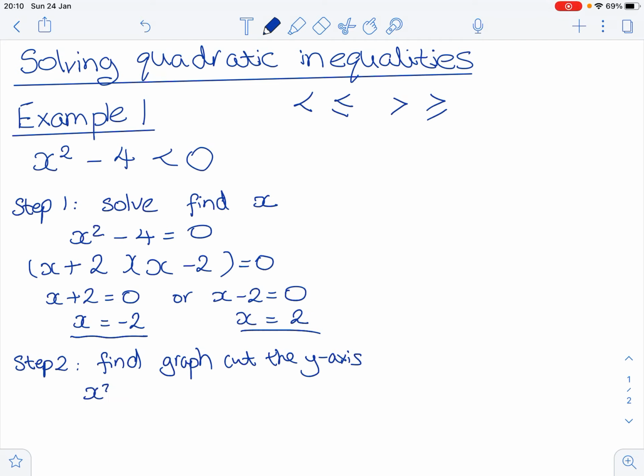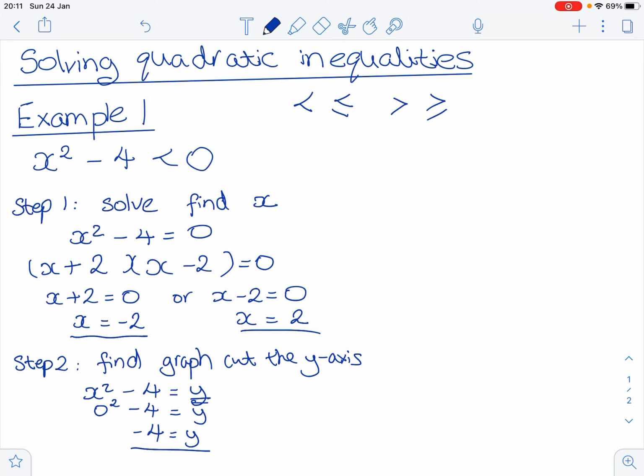So we know the equation is y equals x squared minus 4, and we want to know where it cuts the y-axis, so x must equal 0. So 0 squared minus 4 is equal to y. Therefore, we know that it cuts the y-axis at minus 4.